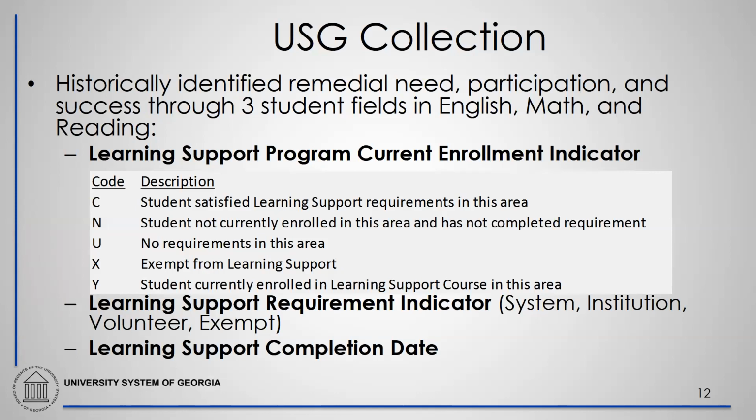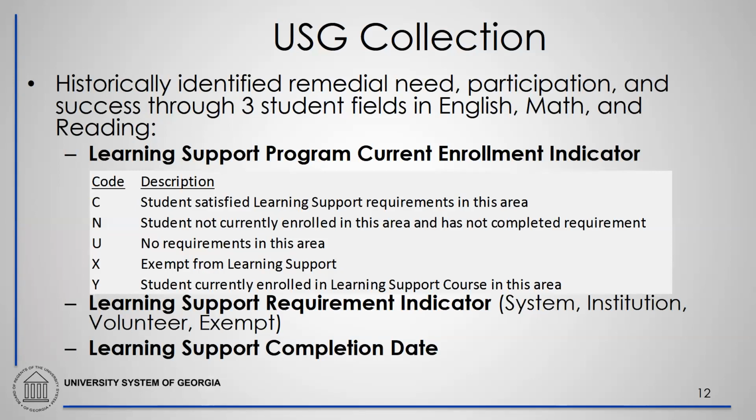I'm quite aware that in some state systems, you don't collect individual course data. So as I talk about how USG used to collect learning support data or remediation data, if that applies in your state, where you don't have course data, you can maybe apply it to how you might implement capturing co-requisite remediation at the student level.